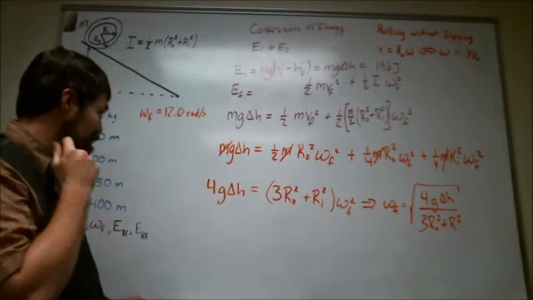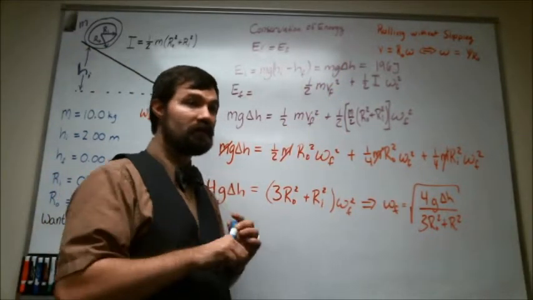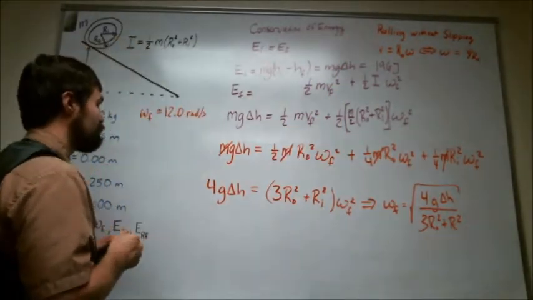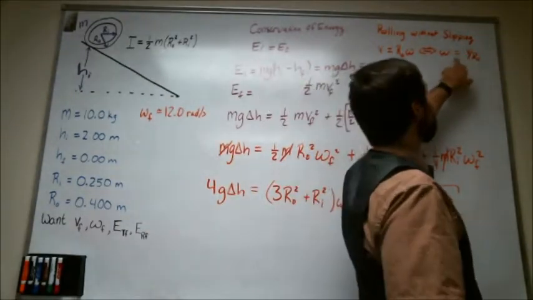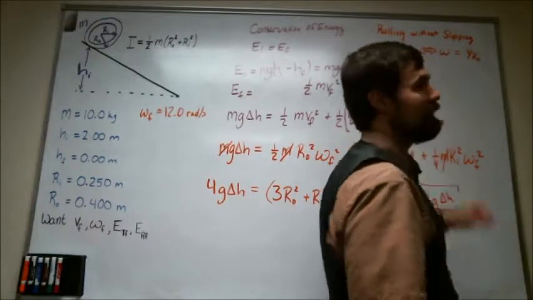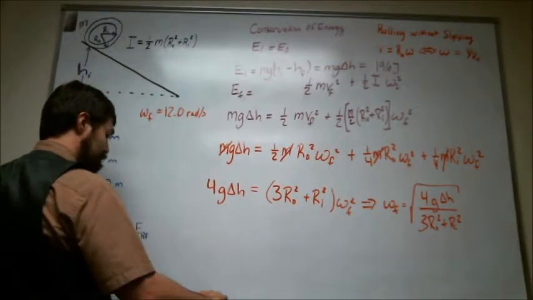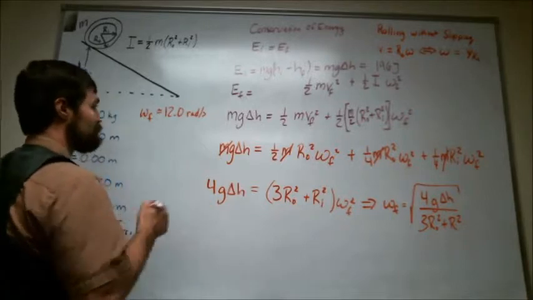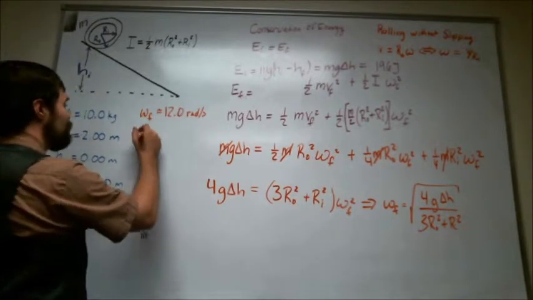And so now we want to find the final translational speed. That final translational speed is going to be R naught times the rotational speed. And so that's 40 centimeters or 0.4 meters times 12.